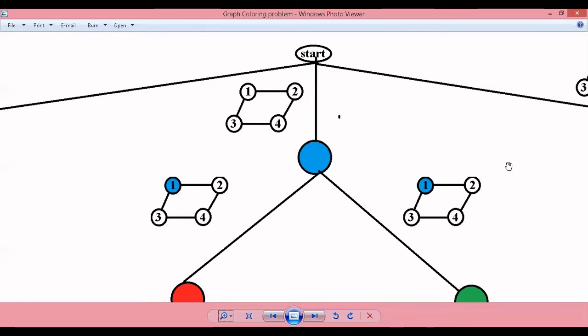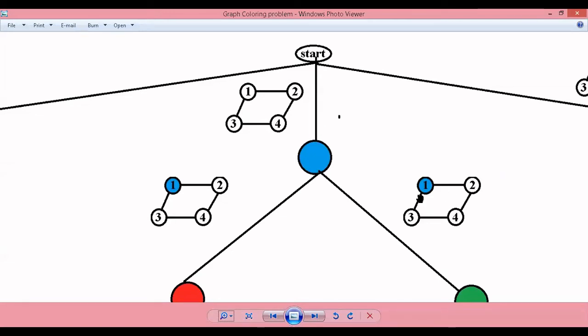So I have a maximum possibility of coloring the first node with 3 choices. The first node can be colored with either red or blue or green. These are the 3 choices that I can make. I cannot make 4 choices because only 3 colors are given.